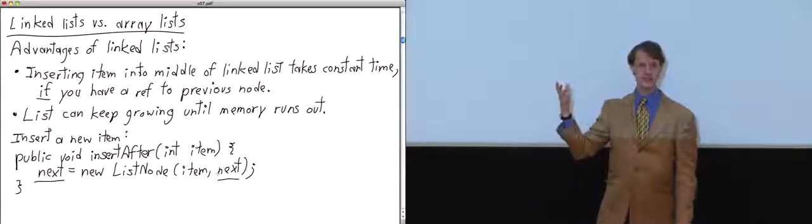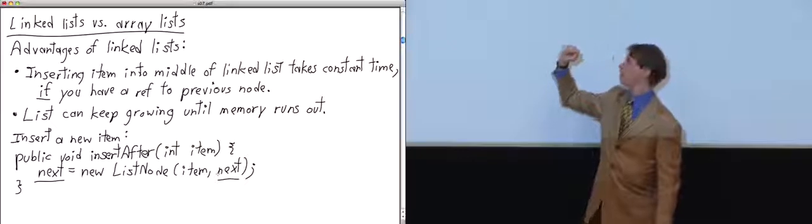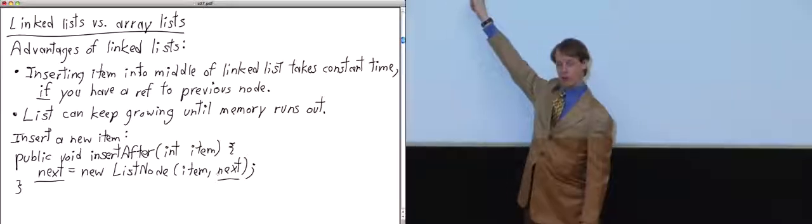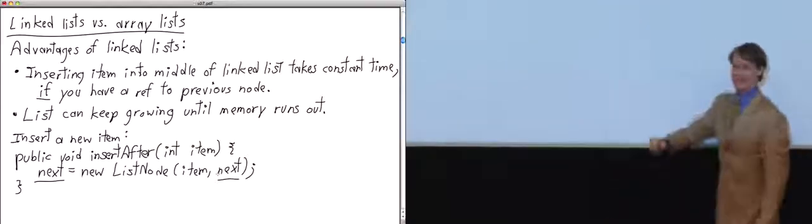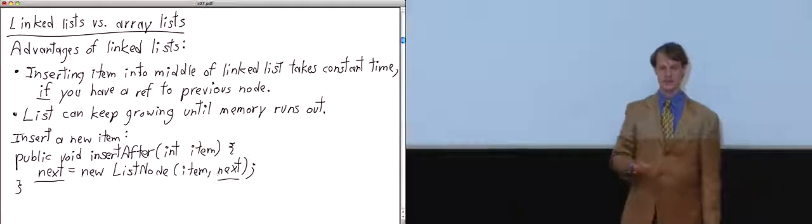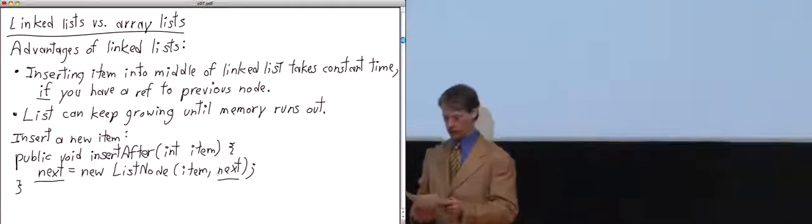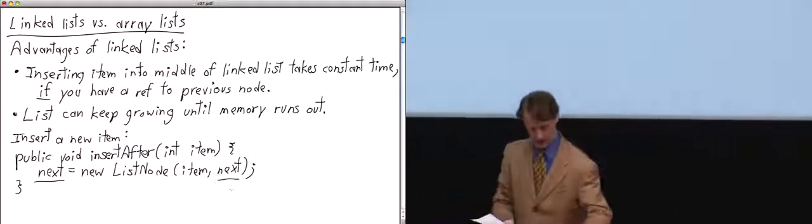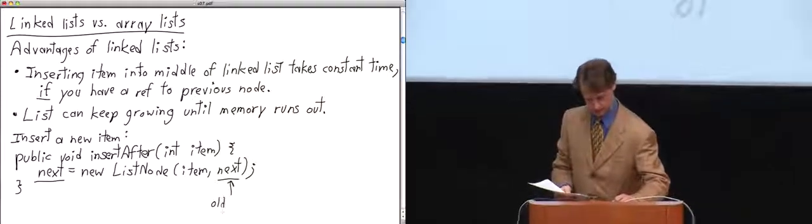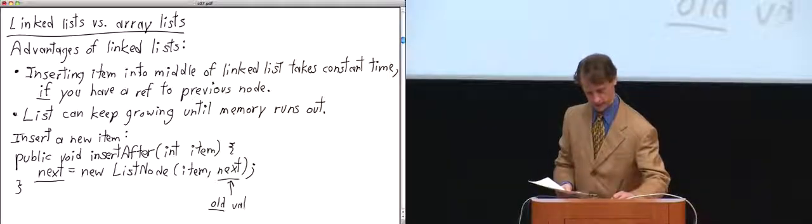So the first thing that Java does when it executes this line of code is it looks at what item is, and it looks at what next is in this list node. And so you are getting here the old value of next. And the reason I say the old value is because we're about to change it.